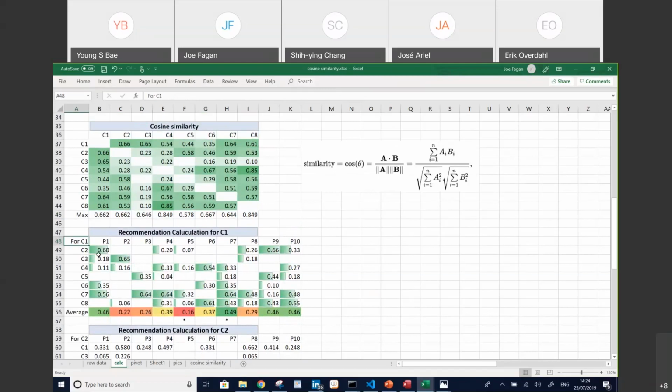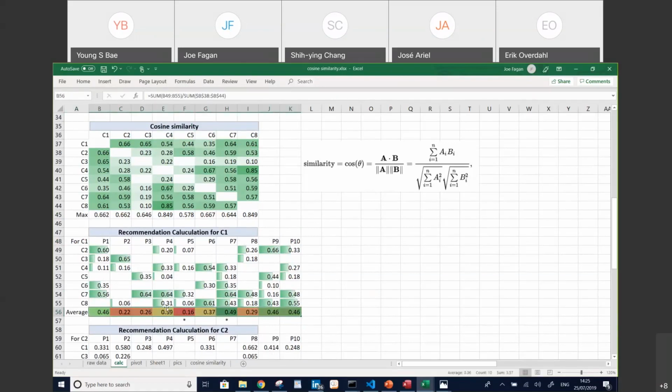We want to find out how customer 1 rates all the products. So I take all of the people who rated product P1, multiply their similarity to the individual customers, and then average them in some way. We'll go through this in slow motion. I want to know how C1 is going to rate all of these products here.